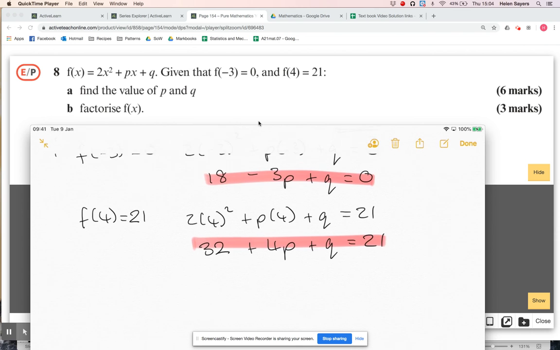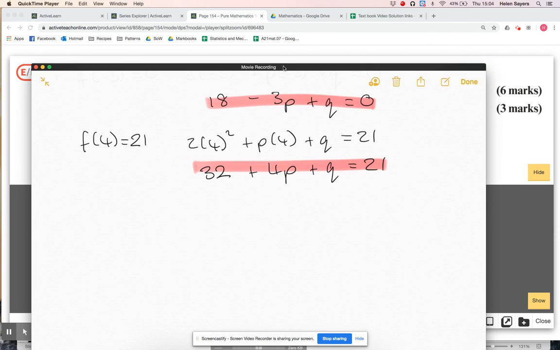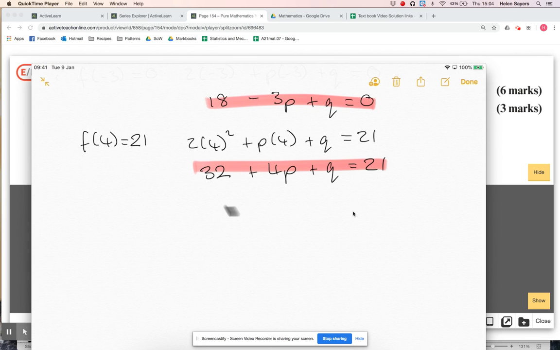So really it's just deciding what I think is the easiest way to solve those. I think there's quite a few variations. I think I'm just going to take the constants over and do sort of the GCSE method. So the first one, I'm going to minus the 18 from the right-hand side.